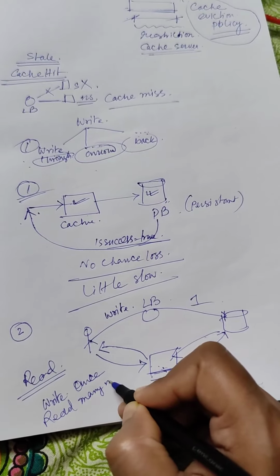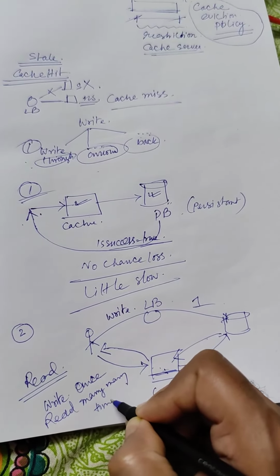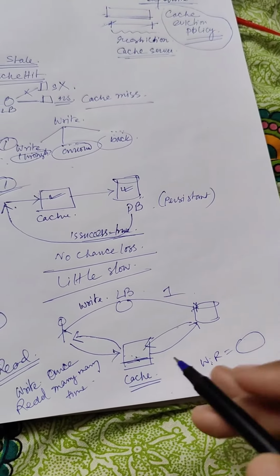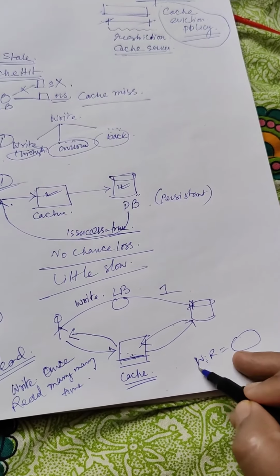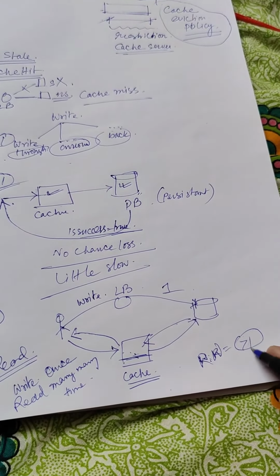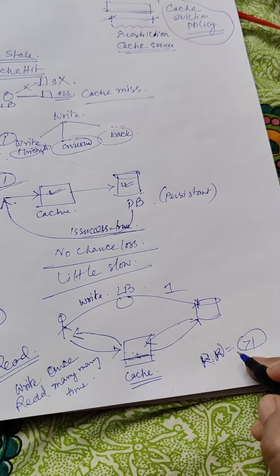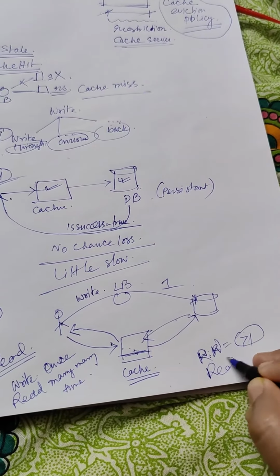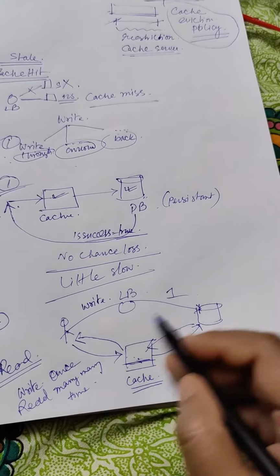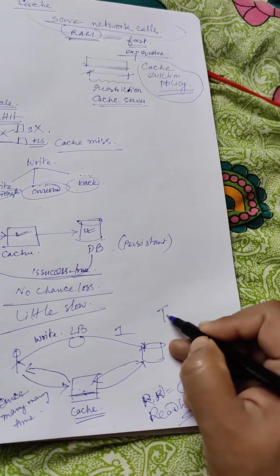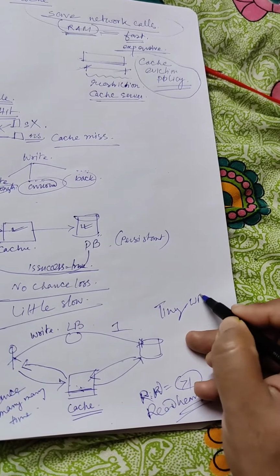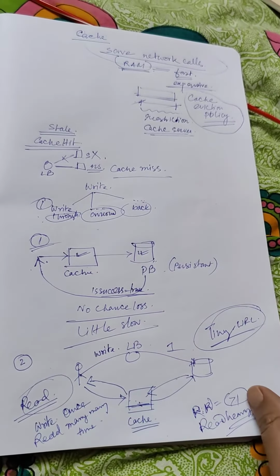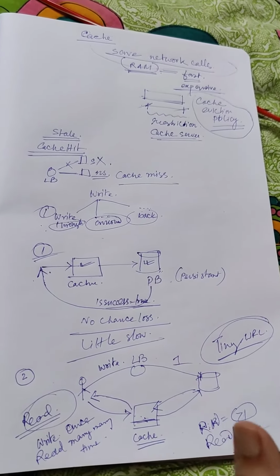So if the read to write ratio is a very huge number, that means it's a read heavy system, and only then is this type of approach very suitable. For example, if you try system design on tiny URL, then you can use this write around cache, right? I think this is clear, right?